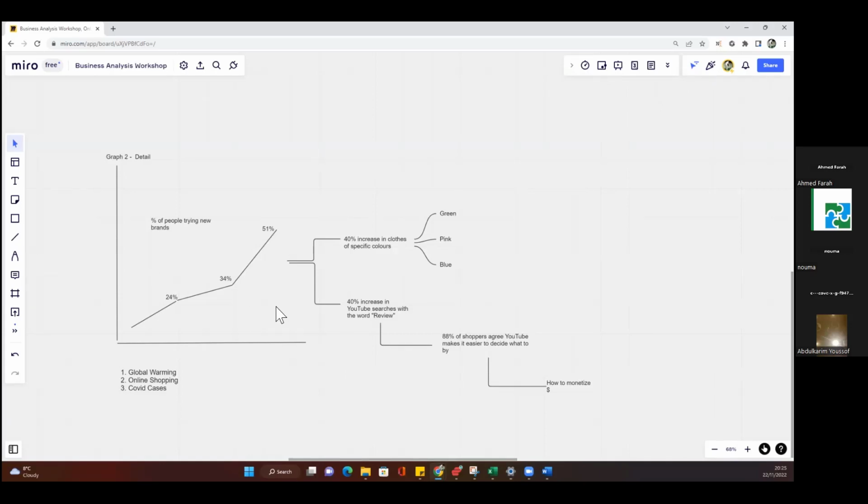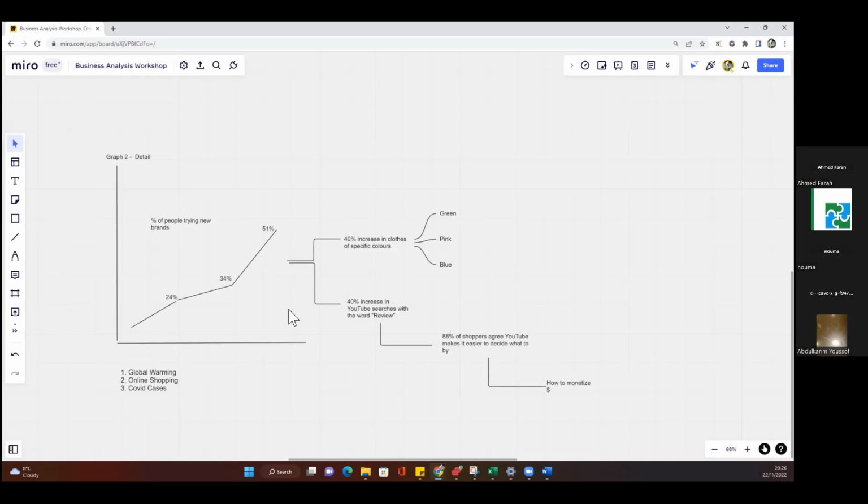And if you're an influencer, you're going to get paid more money to promote one of those brands that are new that they want to push out. So that's it. But that's what a business analyst would do, right?